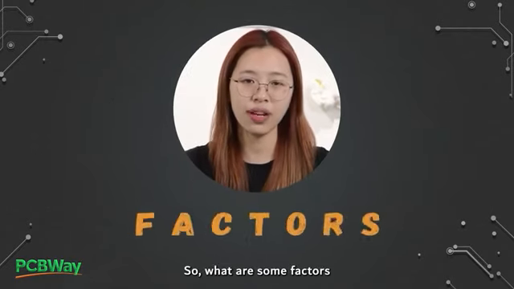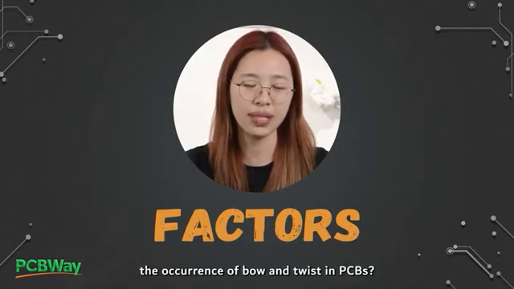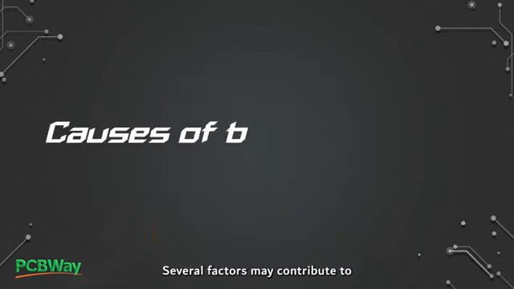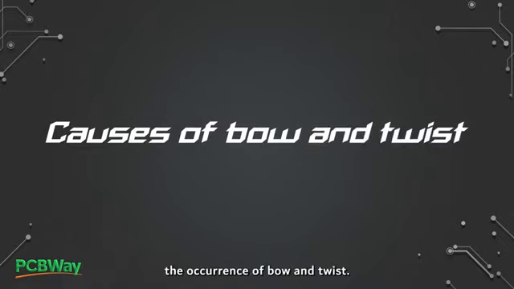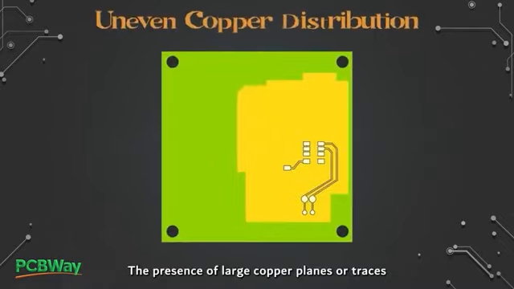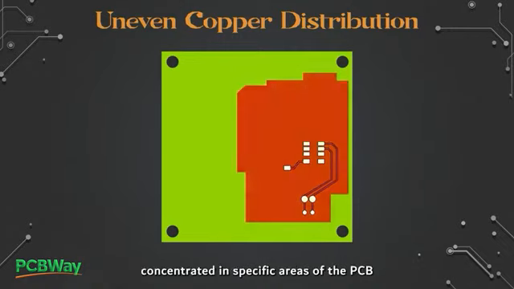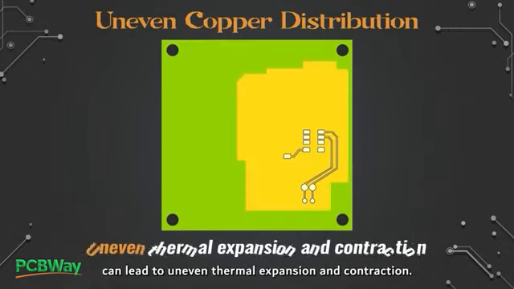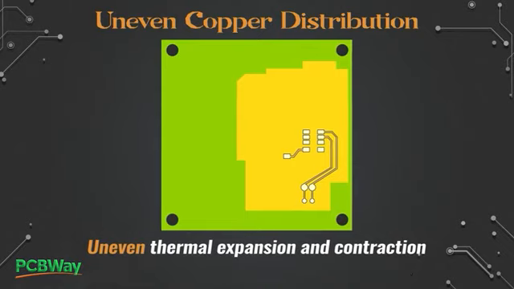So, what are some factors that can contribute to the occurrence of bow and twist in PCBs? Several factors may contribute. The presence of large copper planes or traces concentrated in specific areas of the PCB can lead to uneven thermal expansion and contraction.